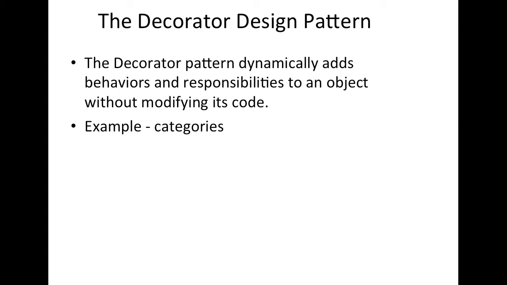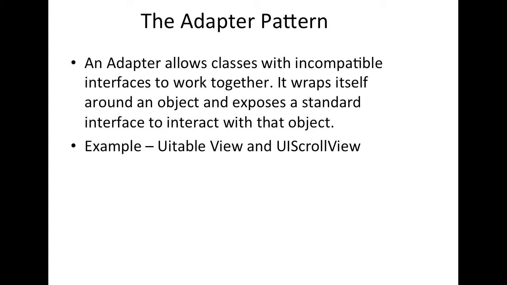Decorator design pattern is simply to add behavior and responsibility to an object. The best example is categories. Categories are used for adding methods to an already existing class. Adapter design pattern allows classes with incompatible interfaces to work together. It wraps itself around the object and exposes a standard interface to interact with each other.